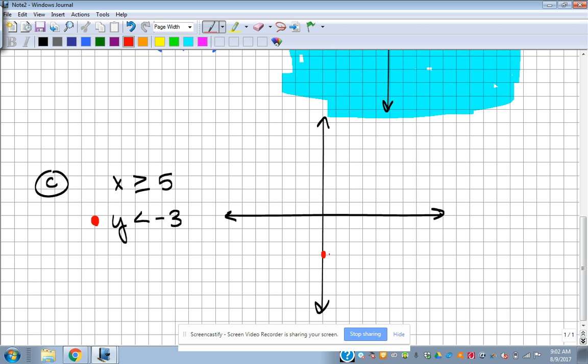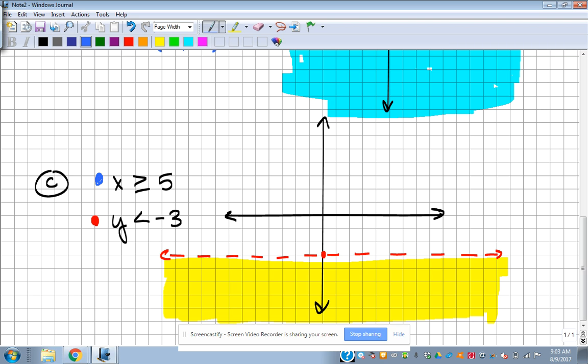That's an easy thing. It could cost you a couple points here and there, or it might cost you the whole thing. Less than, that's going to go above it or below it? Below. Shading below that.